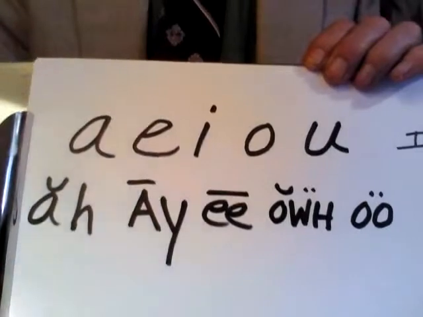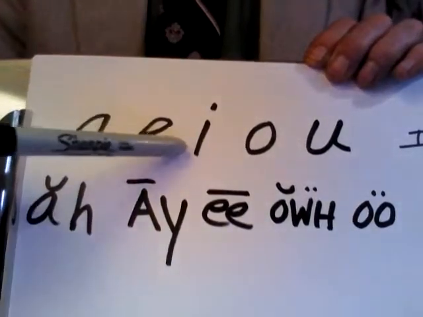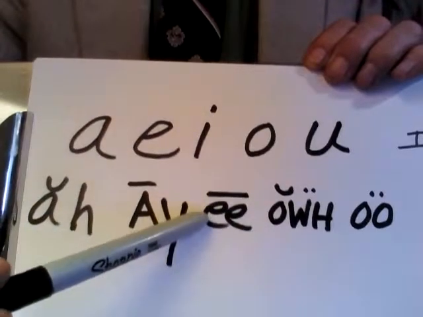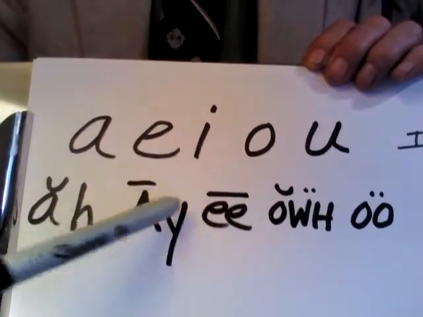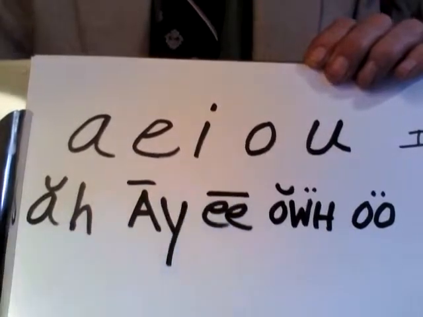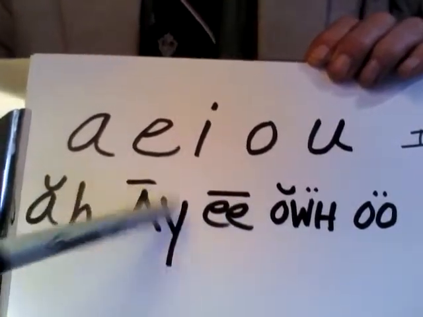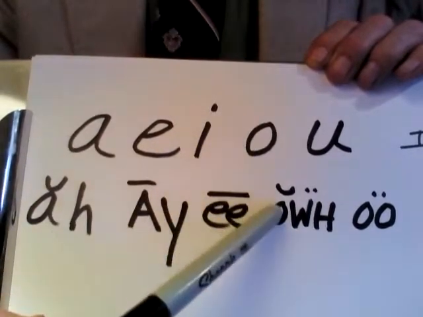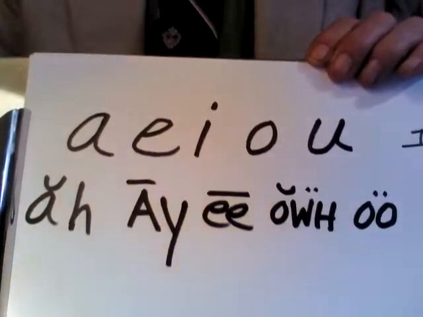The I, where you see the I in a Spanish word, it's pronounced like a long E, like meat, me. And the O is pronounced kind of like oh.